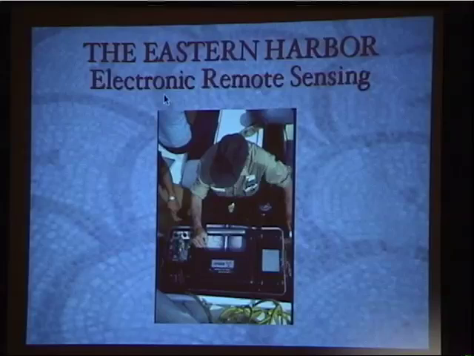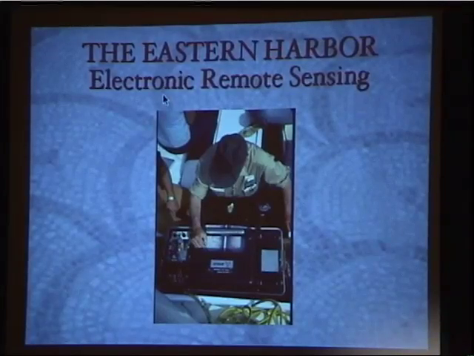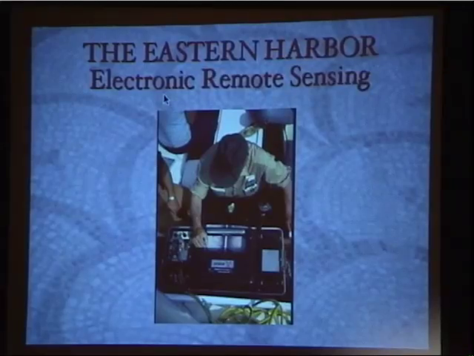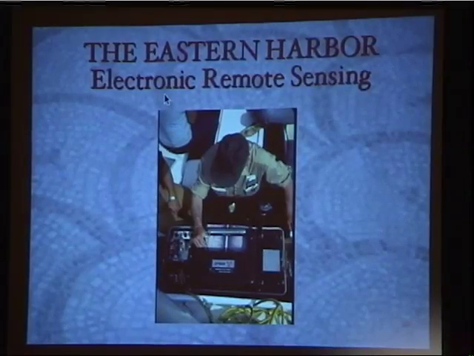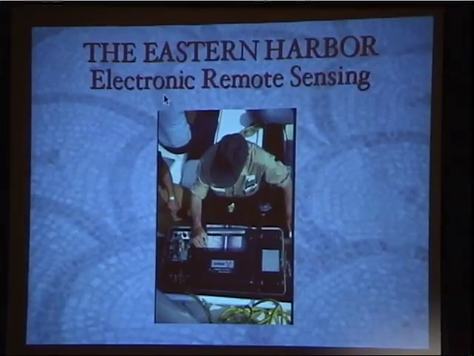Harold Edgerton came over, and I asked him, again, to look at remote sensing versus remote viewing. So I asked him if he would do a sub-bottom profile using side-scan sonar. And so he did this. He brought his instrument. See his little EGG thing there?